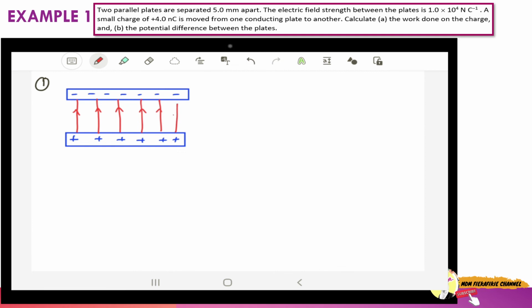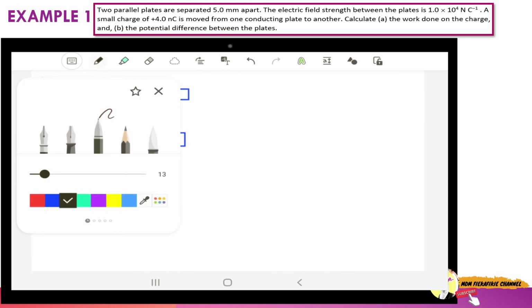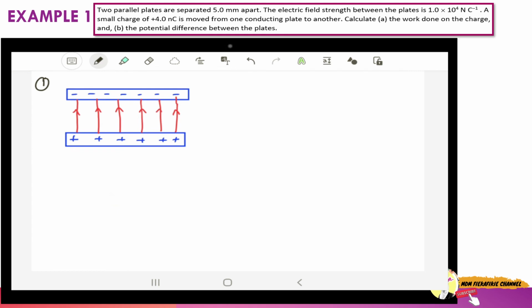Given that the question says the plates are separated by 5 millimeter, it means the value of d is equal to 5 millimeter. And given that the electric field strength is equal to 1.0 times 10 to the power of 4 newton per coulomb.